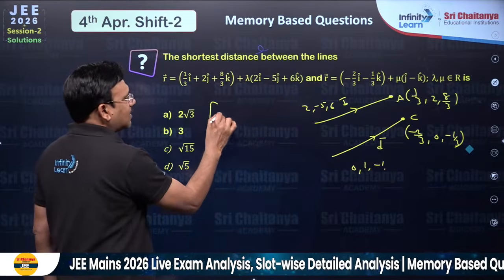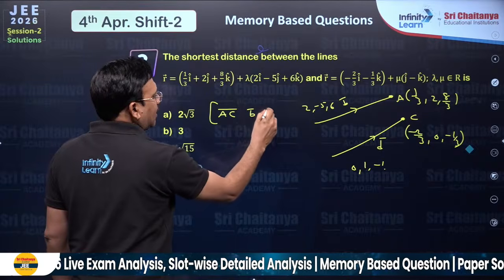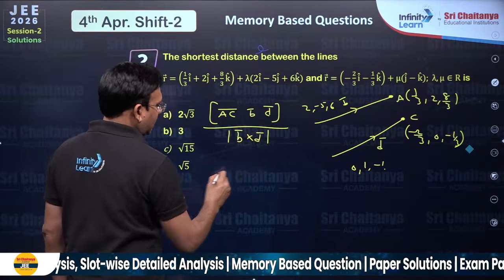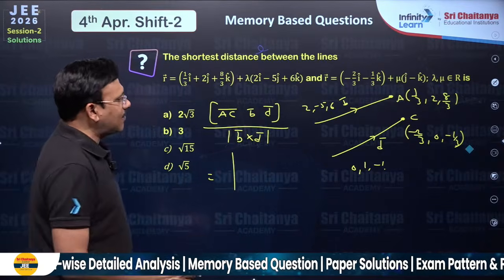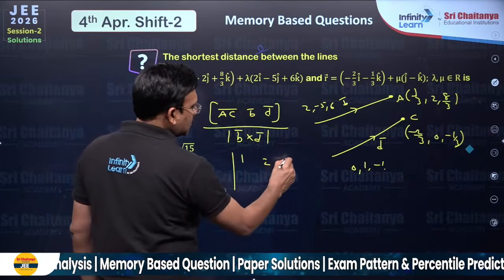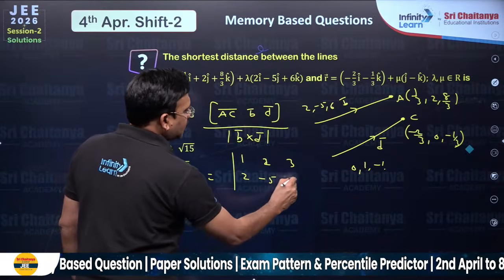You know the shortest distance formula: box product of AC bar, B bar, D bar by magnitude of B cross D. This is the determinant: AC bar is 1, 2, 3. B bar is going to be 2, minus 5, 6.